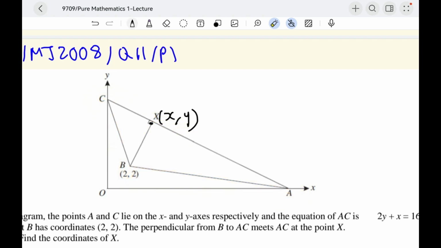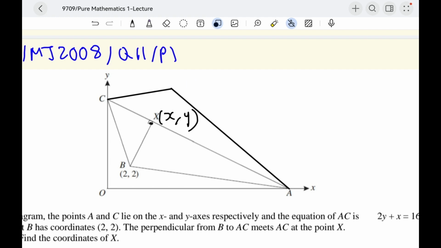Let me draw it. So it means that the coordinates of D is the reflection of the point B through this line. So let me draw a line. As you can see, you can form a kite.